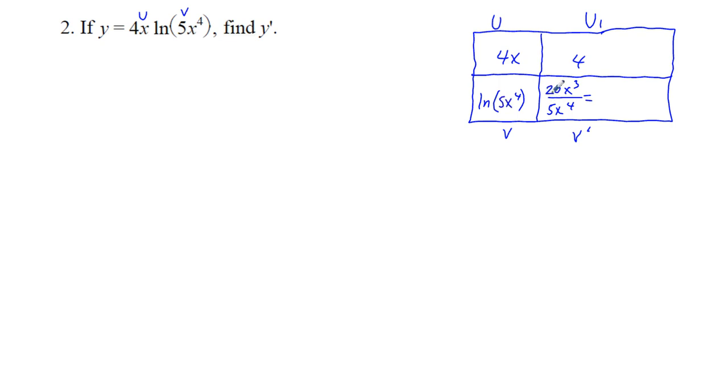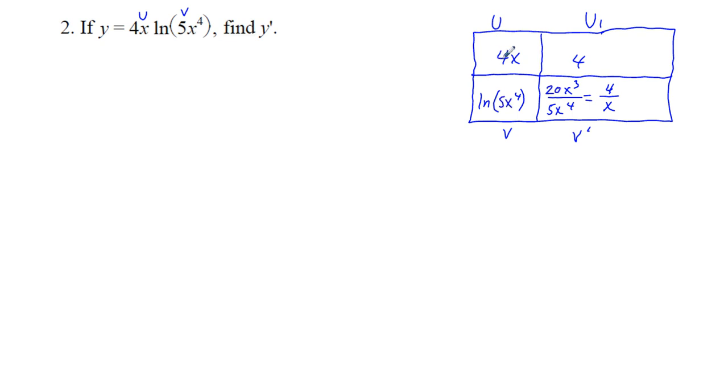This will simplify: 20 divided by 5 is 4, and then we have x cubed divided by x to the 4th power, so we have 4 over x. So that's that one.